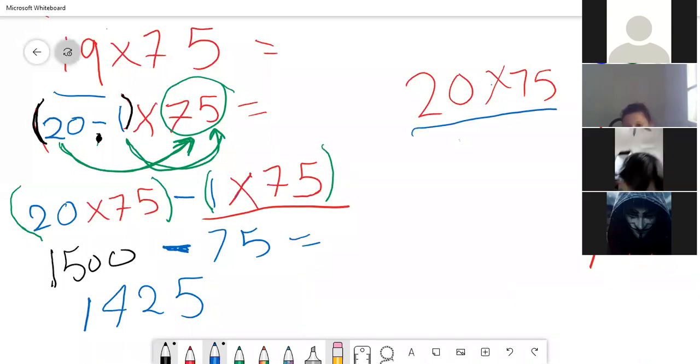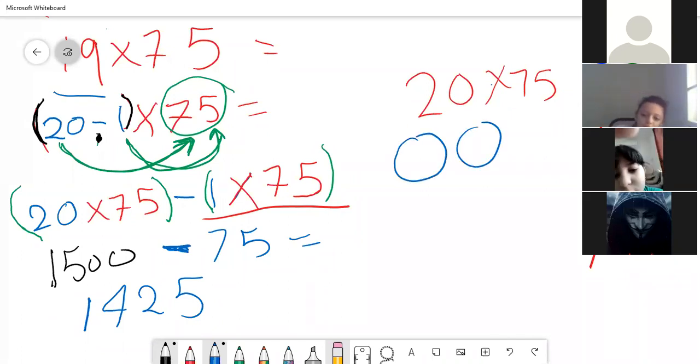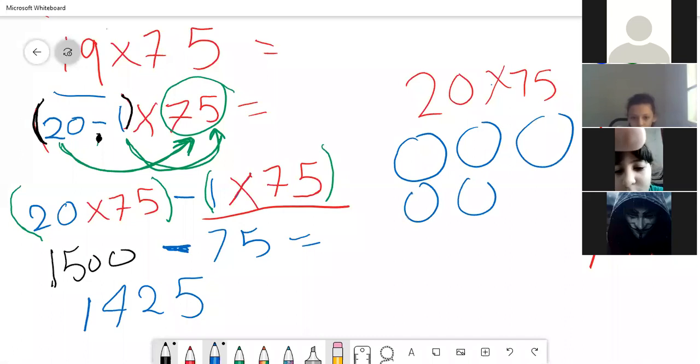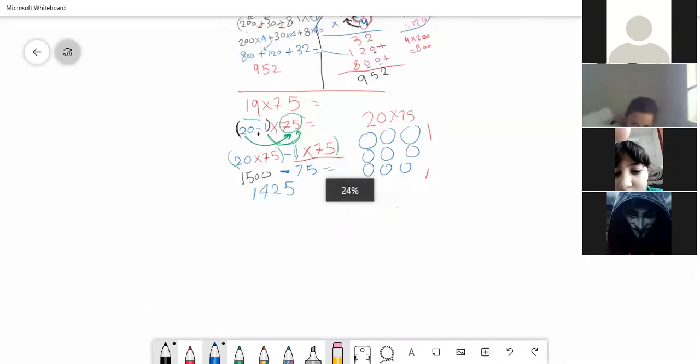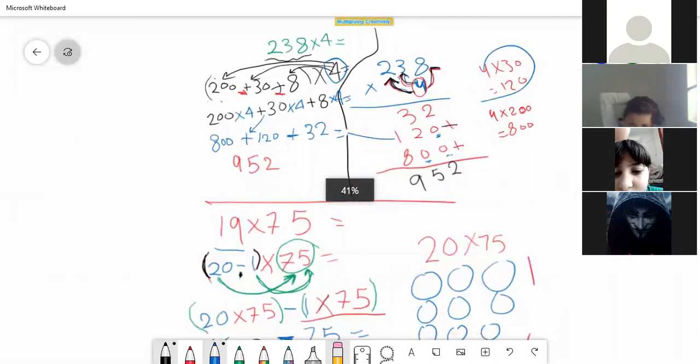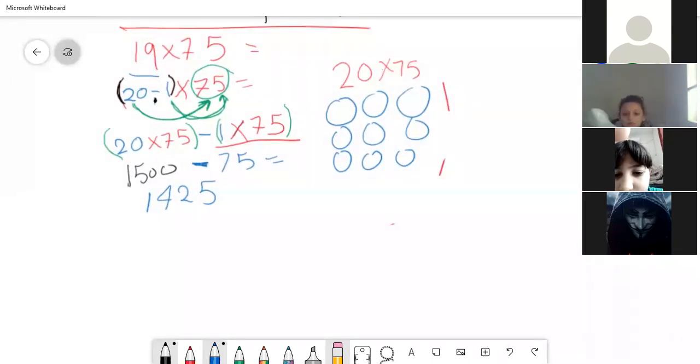20 times 75 means you have 20 groups. Let me draw the whole 20 groups to make it more understandable.